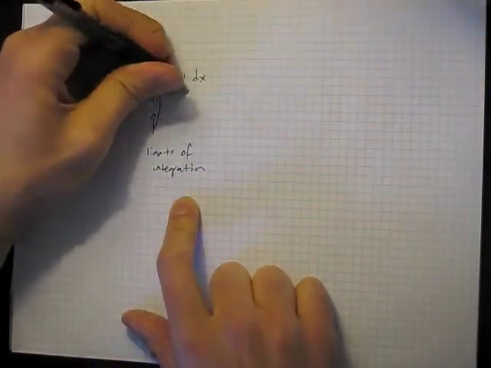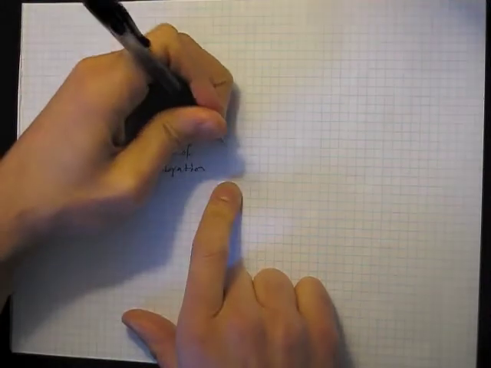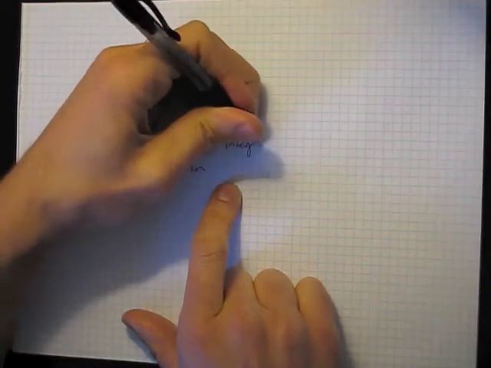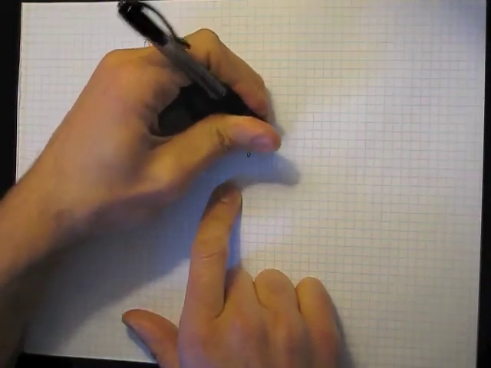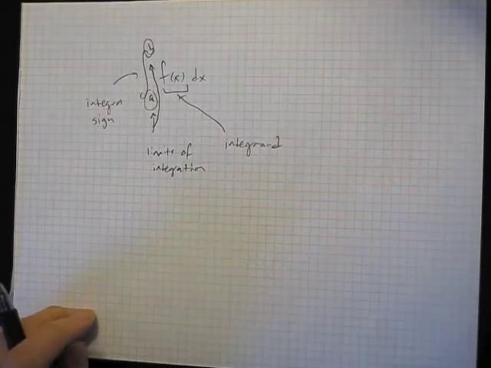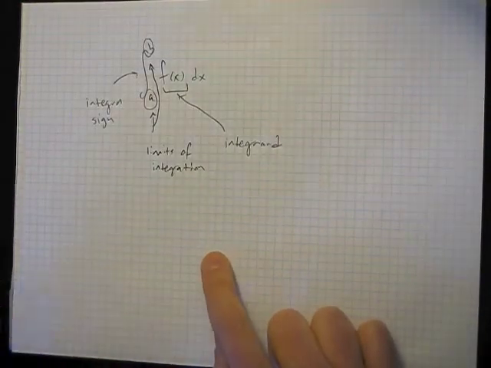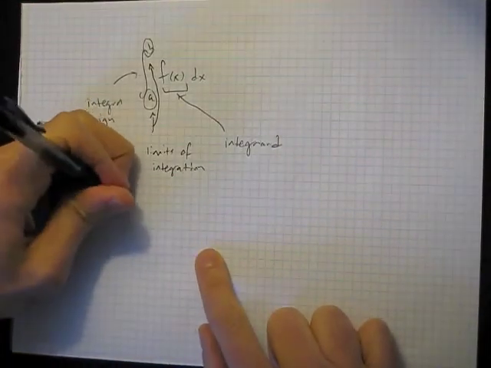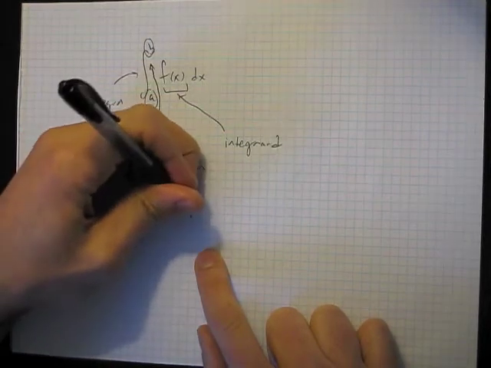And f is called the integrand. Say that with me, integrand. And I should point out that x is just a placeholder.